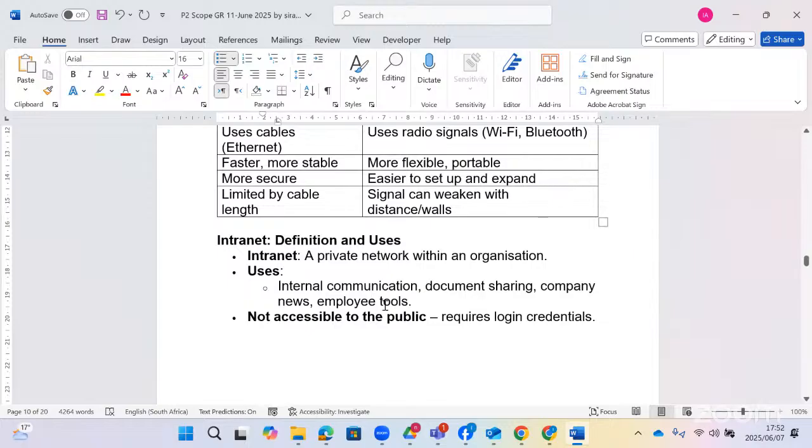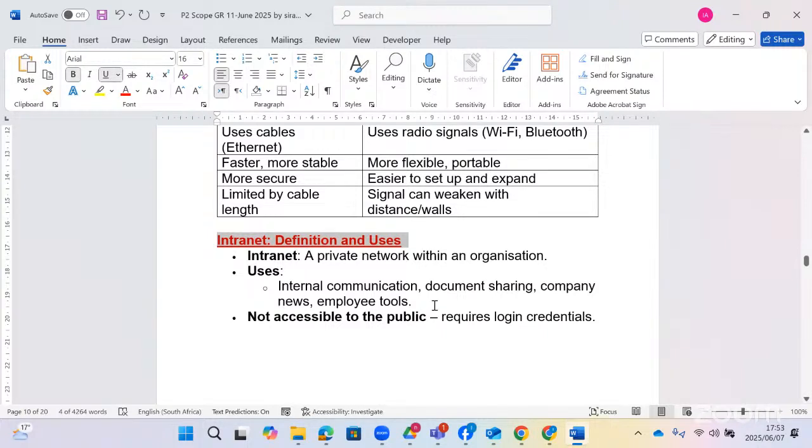Then intranet, definition and uses. When you talk about intranet, it is a private network within an organization. For example, if you take MTN, their private network is only for the employees. So that is what we call the intranet. It's for internal communication.